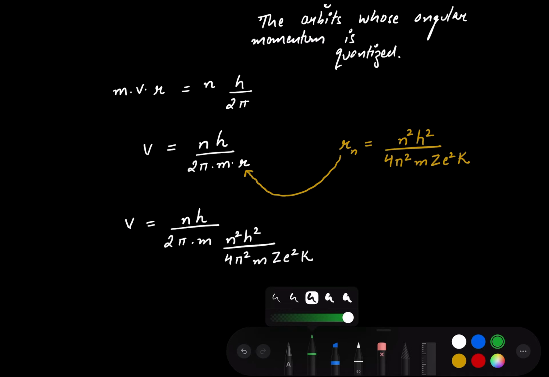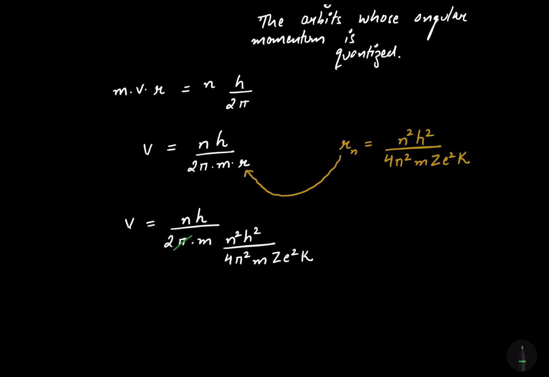Now let's see what's cancelling out. First of all, this pi square and the pi cancel, this m and the m cancel. Now this n and the n square cancel, this h and the h square cancel.